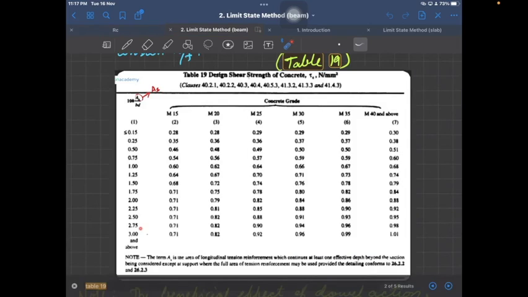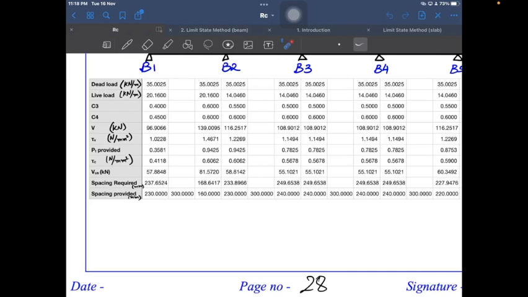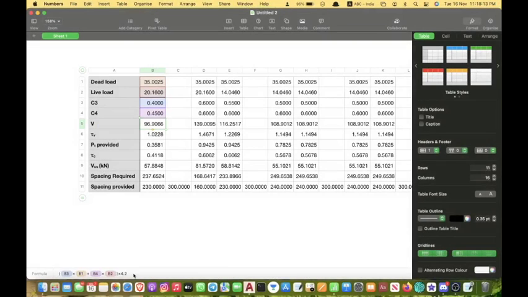I have shown you table 19. From these PT values, and M20 for me, M20 for you, I don't know, whatever it is, you get your tau C values, and VUS is nothing but tau V minus tau C into BD. Let me show you that formula also.